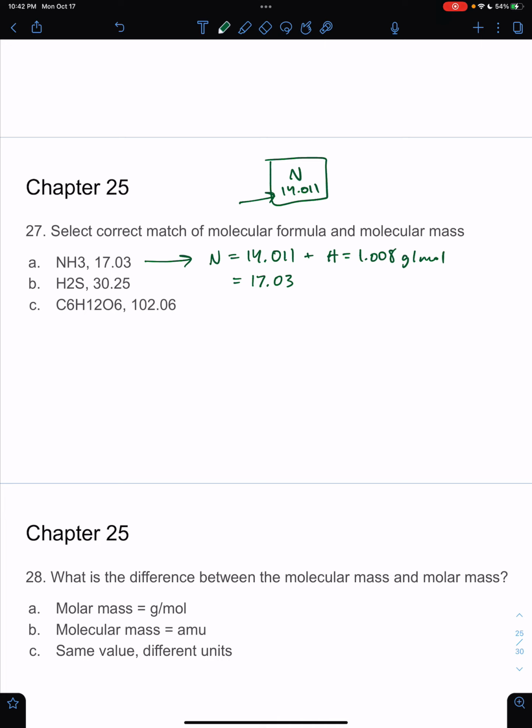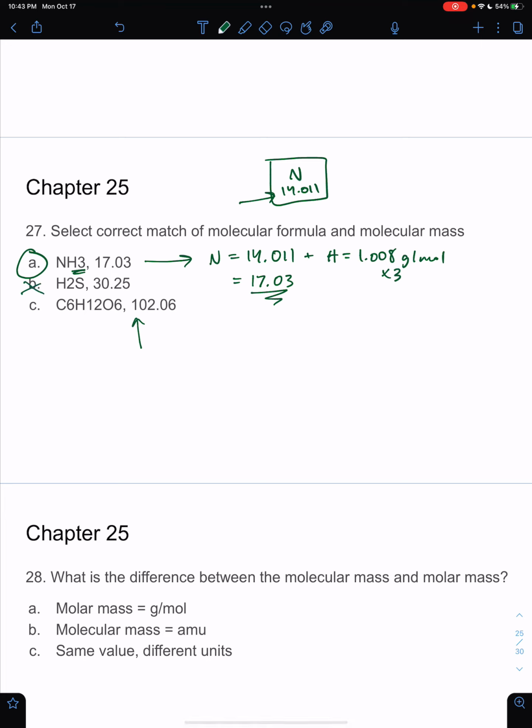Oh, I forgot a step. This one is going to be multiplied by 3 because there's 3 hydrogens. So it's going to be 14 roughly plus 1 times 3 equals about 17. So this one is correct. These other ones, if you do the same thing and add them all up, 2 hydrogens plus 1 sulfur, that comes out to be around 35 point something, I think.